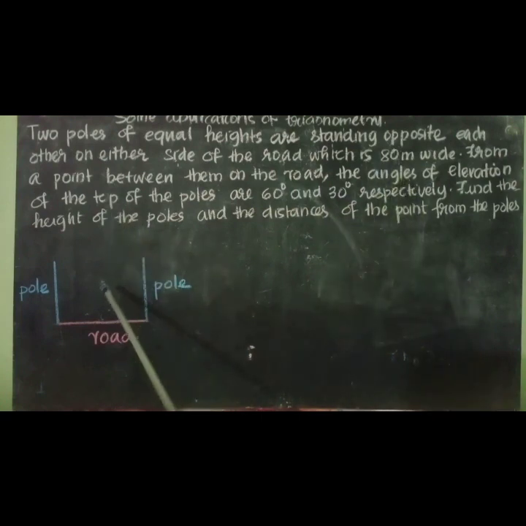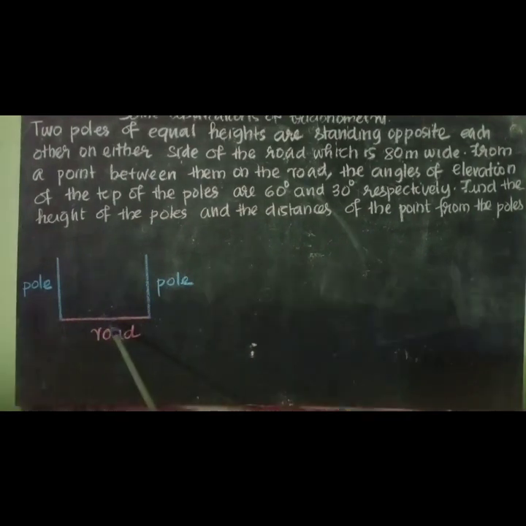That means a point on the road between the poles. Somewhere here on the road, it is not the midpoint, you remember. So let us mark a point on the road between the poles. So here I have marked a point on the road.